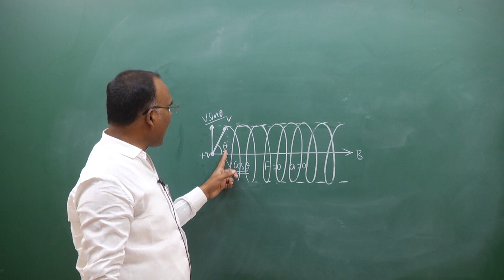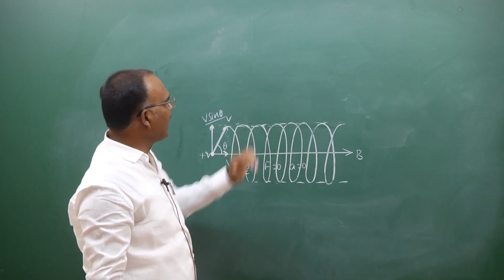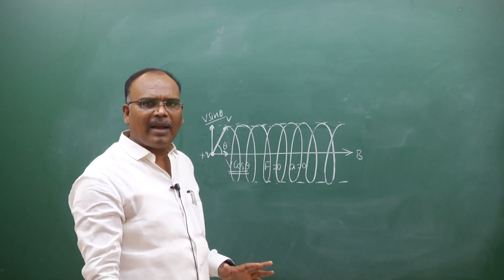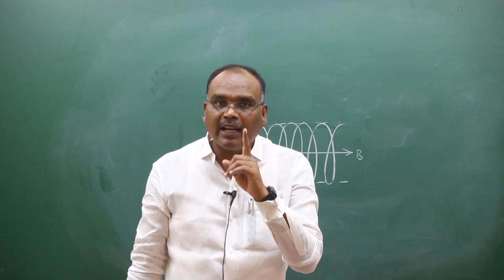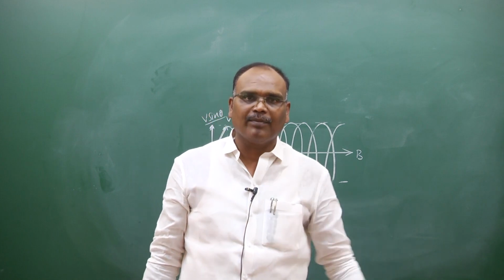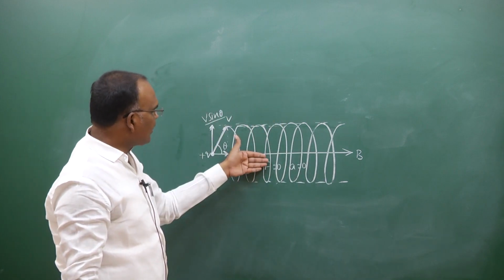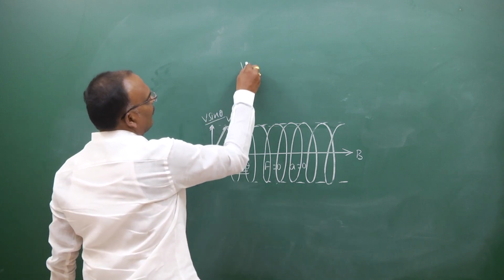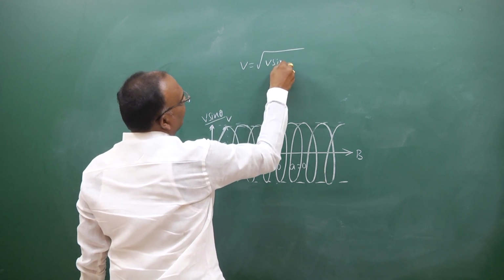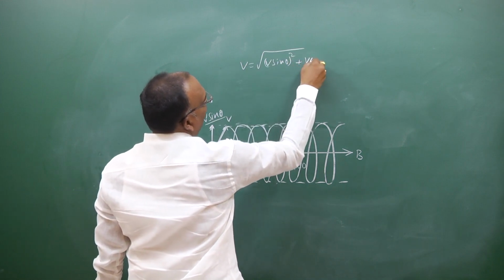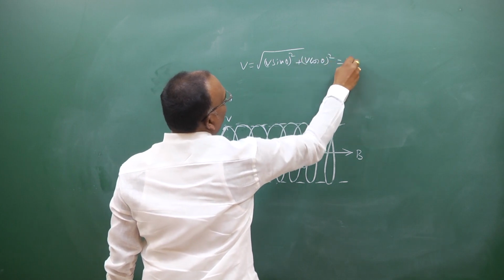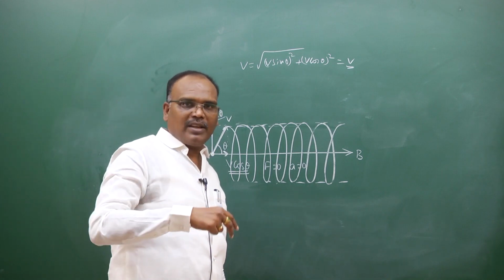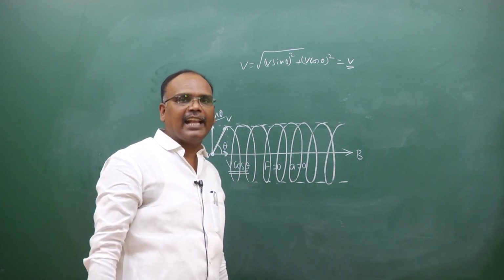Even if you throw with a certain angle other than 0, 90 and 180, it follows a helical path. Whichever angle you throw at in the magnetic field, it doesn't matter. The speed of the charged particle remains the same. Here v cos theta is constant, v sin theta is constant. So the resultant velocity v is equal to root over v sin theta whole square plus v cos theta whole square. It becomes v again. This is a very important observation we made by projecting at different angles.